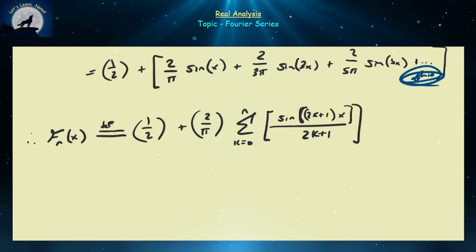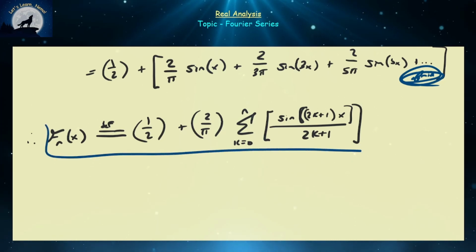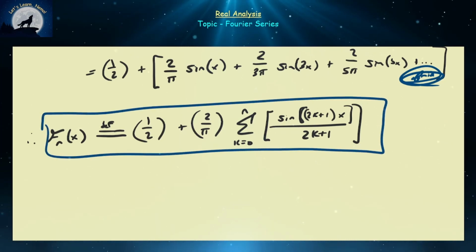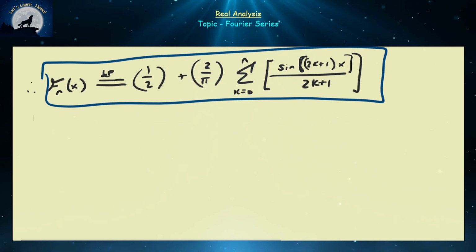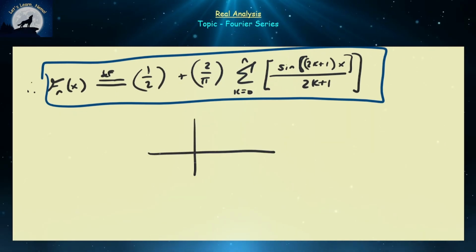So it has a very similar representation to the absolute value, because it has that sine (2k plus 1)x thing, but we have 2k plus 1 instead of 2k plus 1 squared. Right? So we have this particular object, and if you were to look at it for some finite value of n, what you'll actually see is something very interesting looking.